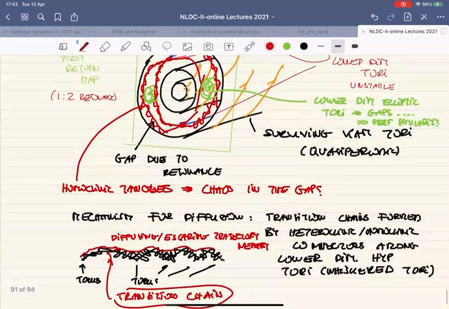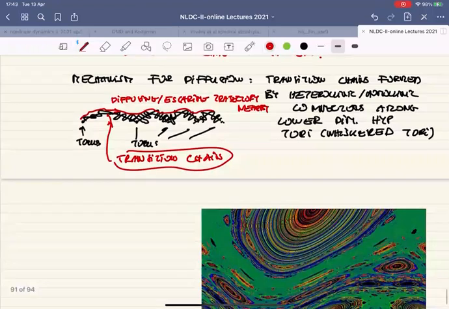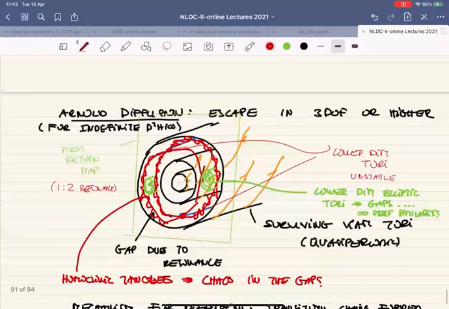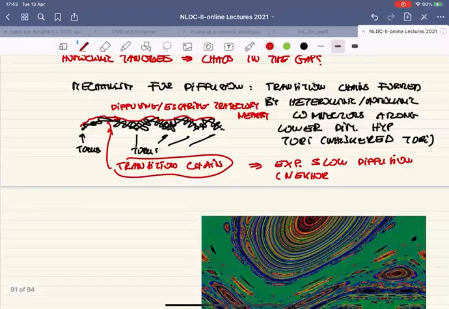The diffusion turns out to be exponentially small because the splitting is exponentially small. Exponentially slow, I should say. But it does take place. And that's actually a theorem by Nekhoroshev. I wrote it out in a bit more detail in the text, and I'll show you what this picture is in a second.